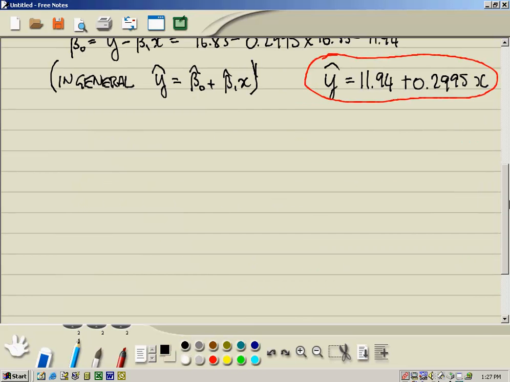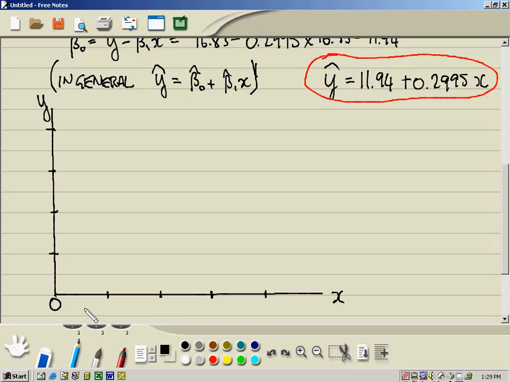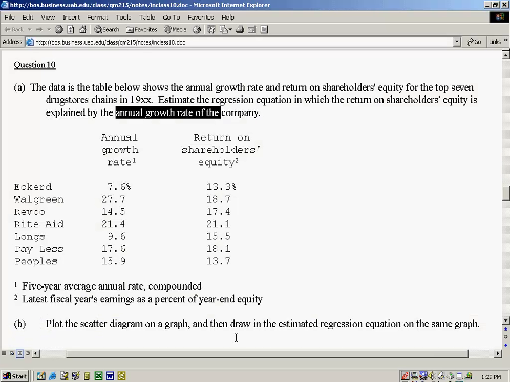Let's now do the scatter diagram and draw in the regression equation. Let's get our axes ready. So here is a generic scale without any numbers on it. Let's go back to our data and see what we need to arrange for in our scale. Remember that the first column is the x variables, and the largest number there is about 27.